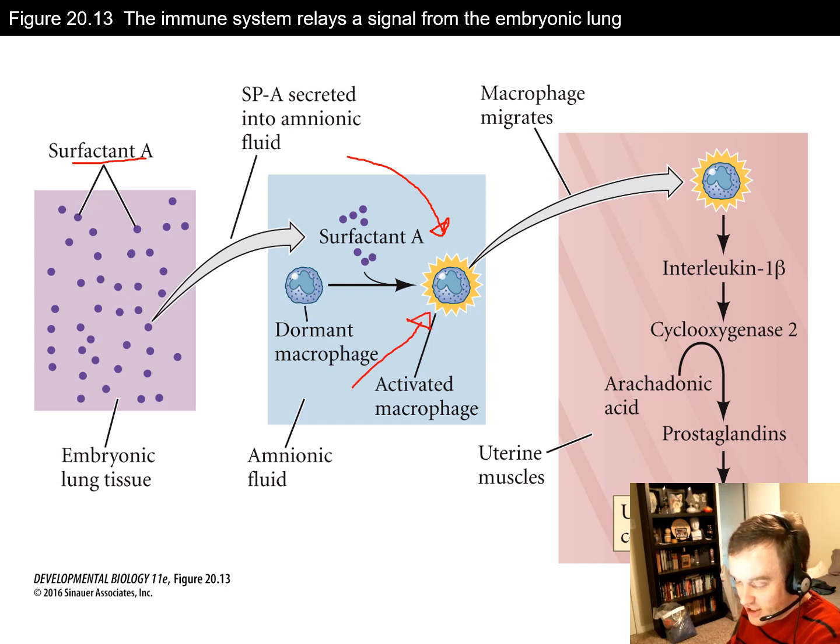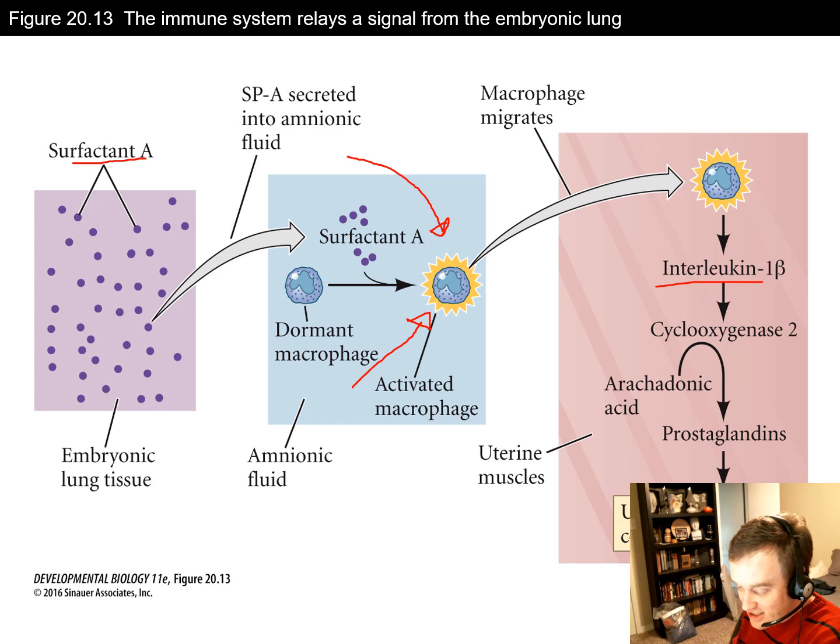These macrophages, in turn, will stimulate the production of interleukin-1 beta, or IL-1 beta, which stimulates the production of cyclooxygenase 2.